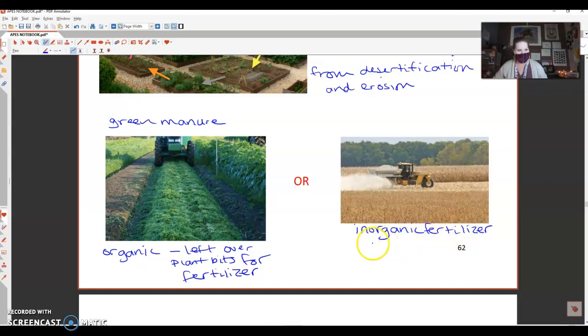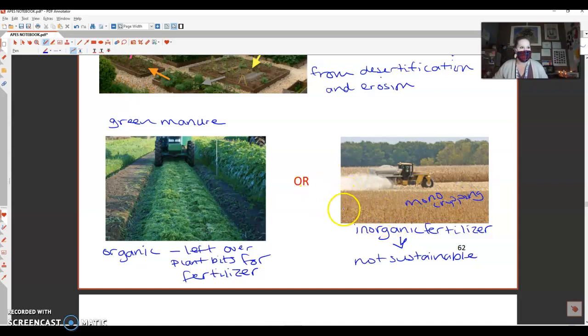Inorganic fertilizer, again, is not sustainable because this right here, guys, what is this? This is monocropping. We've established that this is not the best case scenario.